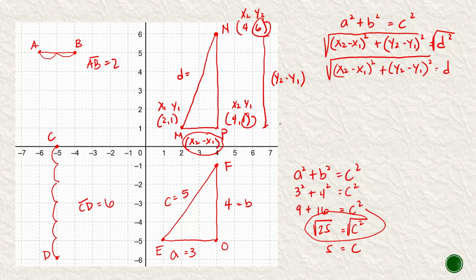In order for us to find the distance between 2 points, let's solve this now. x2 is 4 minus 2, squared, plus y2 is 6 minus 1, squared. So this is 2 squared, which is 4, and then 6 minus 1 is 5 squared, which is 25.